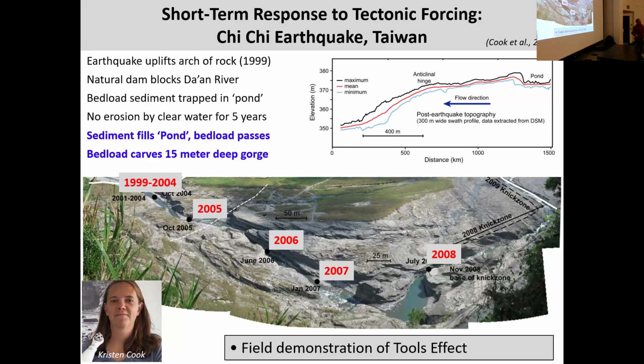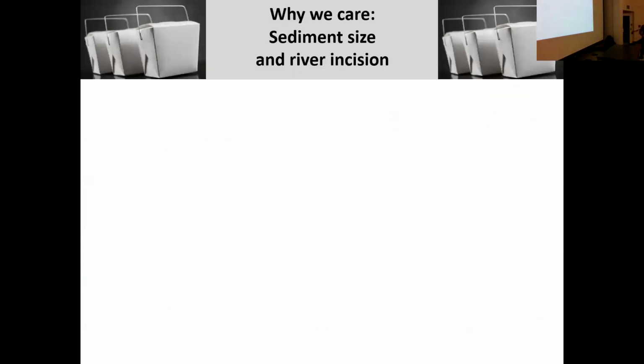And Kristen also applied the theoretical framework to use this site to kind of calibrate the model that I proposed, and it worked. She was able to explain these patterns based on measurements of grain size and discharge and inferences of what the flux of sediment was. So this is all an introduction to my story, but it's why I care.